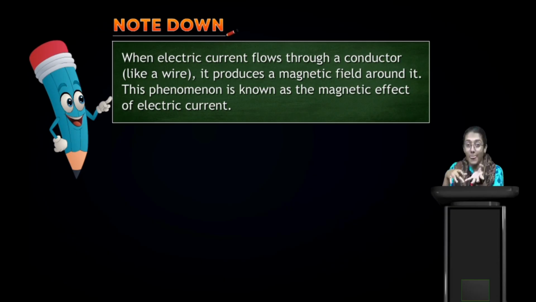Whenever we turn off the electric current, we can't find any kind of magnetic effect. The magnetic effect is only present whenever there is a flow of current. This is why it is known as the magnetic effect of electric current. Clear?